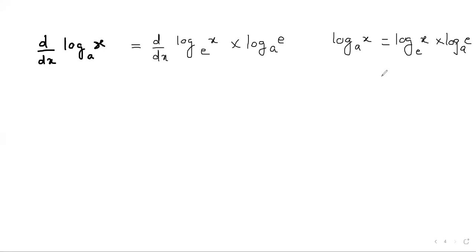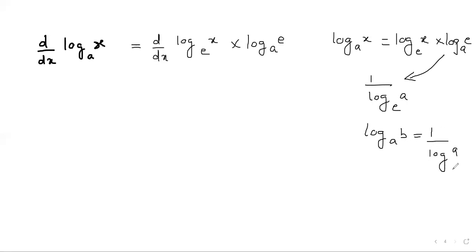Also, you will come across a situation where in place of log e base a, it is written as 1 upon log a base e. So both are the same thing. Log e base a equals 1 upon log a base e. Here, this is a constant term. This is differentiable, which gives 1 by x. So our answer will be log e base a times 1 upon x.